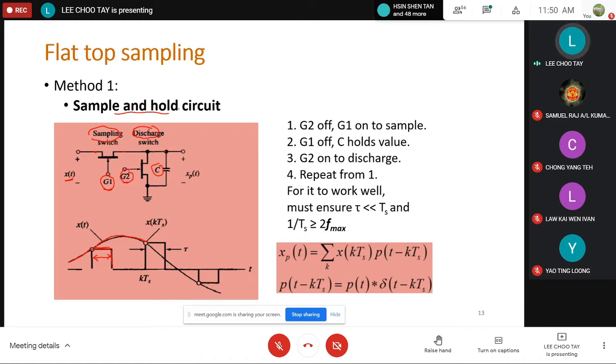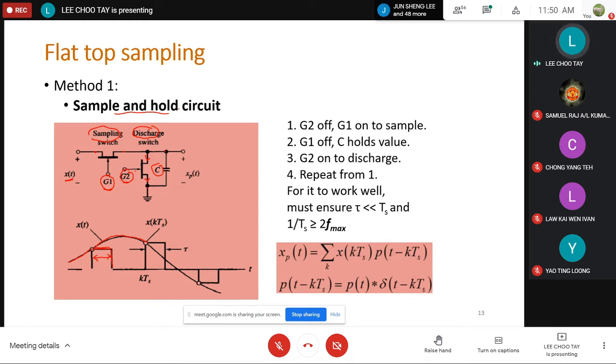Once you turn on G2, the capacitor will quickly discharge through this transistor. When this is turned on, the charge on the capacitor will be discharged. Of course, you have to choose a correct capacitor value so that the charging and discharging action is fast enough. And then it's off.